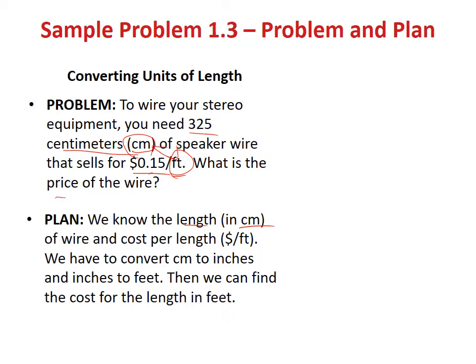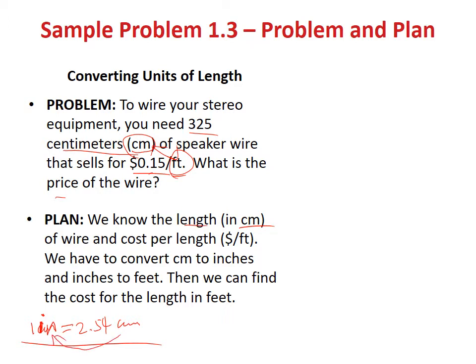From that table you will see one conversion between English and SI units: 1 inch equals 2.54 centimeters. Using this as a conversion factor, we first convert centimeter to inch. That's the first step.